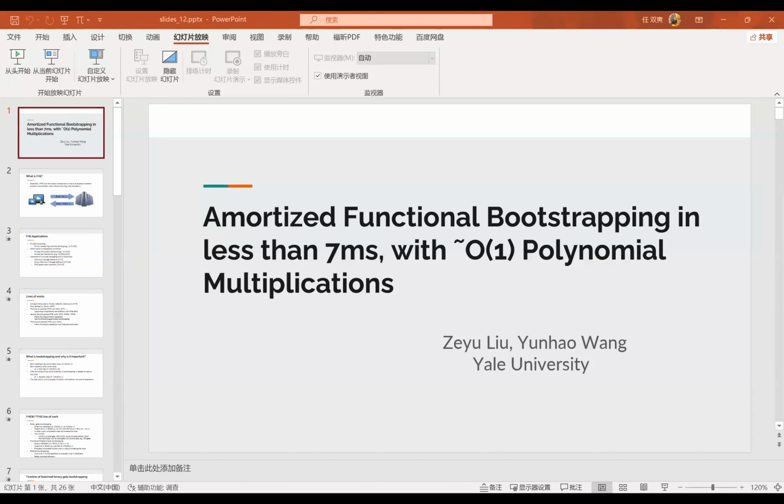To my knowledge, there's no universal solution, and it seems to be inherent in the sense that if you want to evaluate an arbitrary function, like mapping P points to P points, you need P operations, right? So it seems inherent, but there are solutions for some types of functions. For example, in the MP work, they achieve only almost linear runtime in terms of the number of bits of the plaintext space for sign functions.